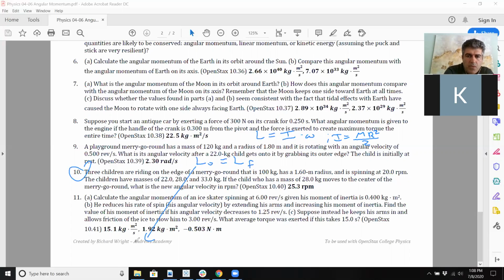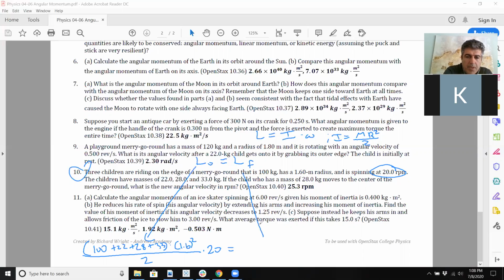initial will be your inertia, which will be your new m, which is 100 plus 22 plus 28 plus 33, times your radius squared, which is 1.6 squared over 2. That's your inertia times your omega, which is moving at 20 revolutions per minute.